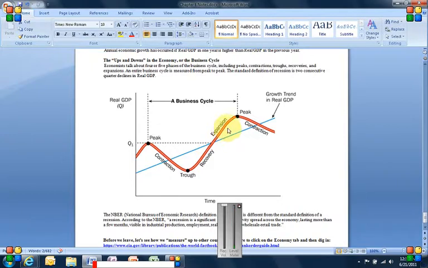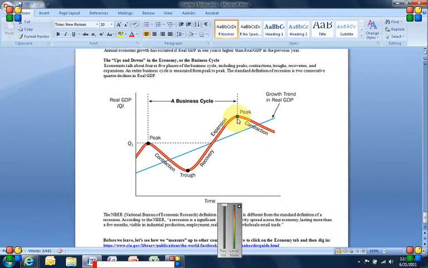If an economy is contracting, then of course real GDP is declining. And if real GDP declines for 2 quarters or more consecutively, that is the very traditional, simplistic way of defining a recession. We're going to come back to that in our next unit, where we look at recessions, how to represent recessions using an aggregate demand and aggregate supply graph, and what, of course, we can do to try to address those situations when they occur.